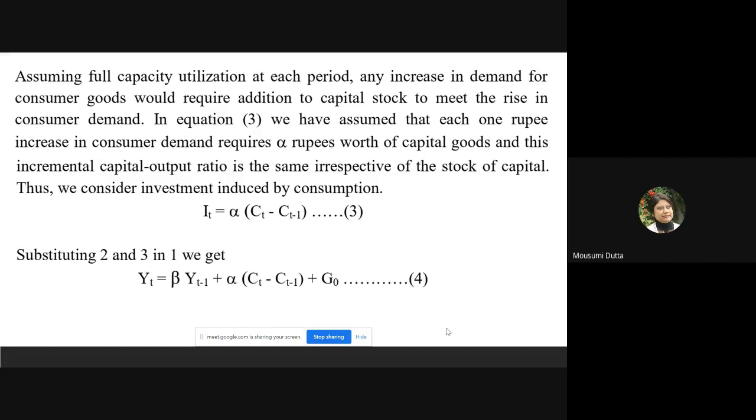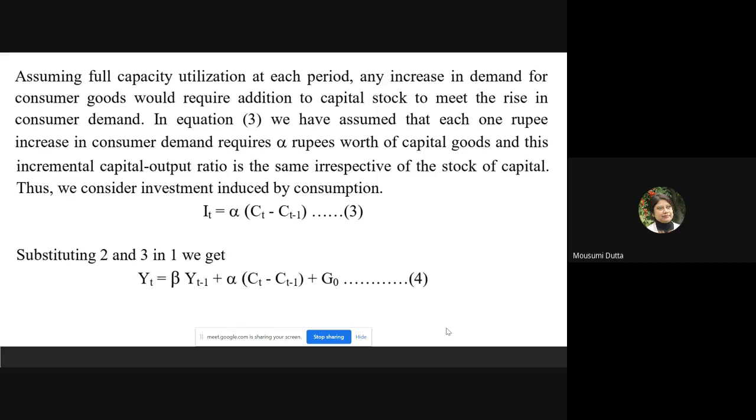Okay, so if there is any increase in consumption in Tth period, that will be faced with an excess capacity. So we have to improve the stock. We need some additional investment. Economy needs some additional investment if there is an increase in consumption expenditure between two periods.